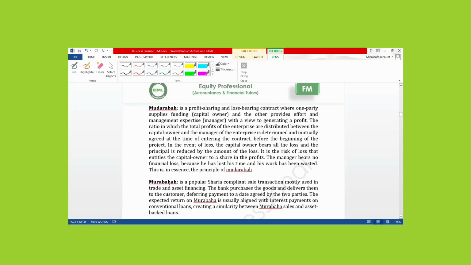How does this work? The bank purchases the goods and delivers to the customer, deferring payment to a date agreed by the parties.